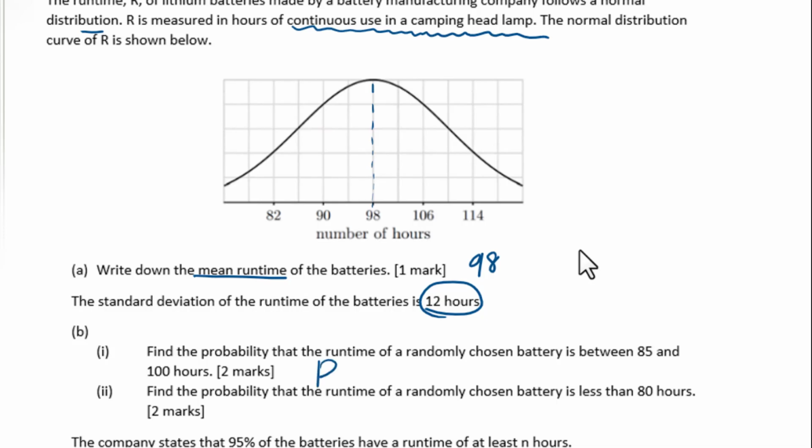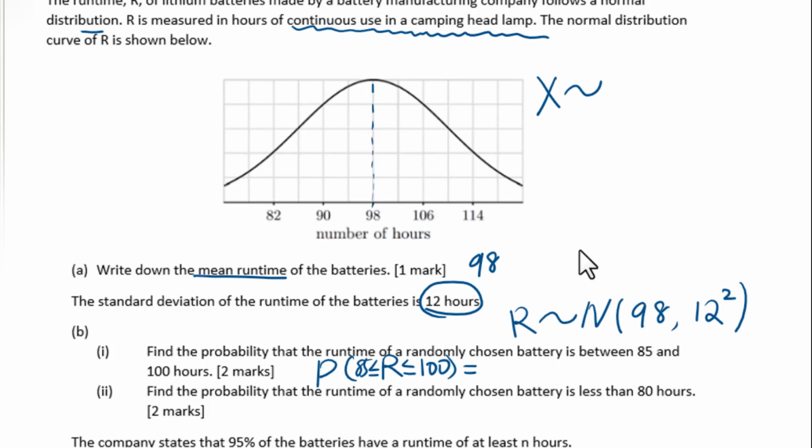We are looking for the probability R is greater than or equal to 85, less than or equal to 100. We know R follows a normal distribution with the mean 98, standard deviation 12. Remember the symbol of normal distribution, N(mu, sigma squared).